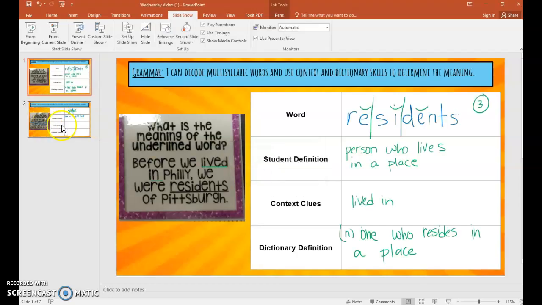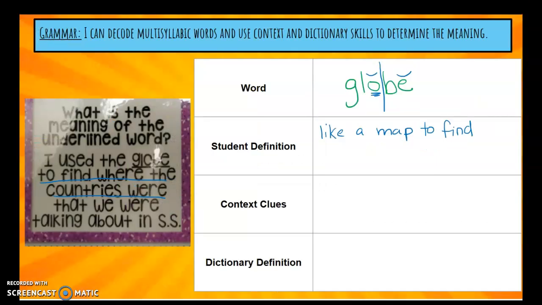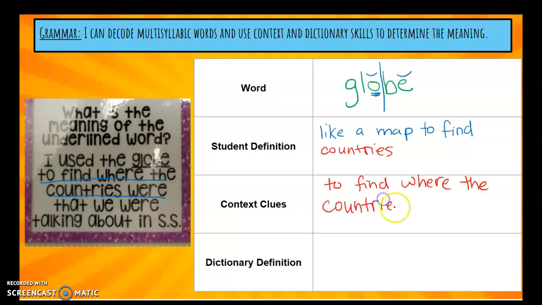I want to keep them. Hold on. There we go. To find, oh, and it changed my colors. Countries. All right, so it's kind of like a map to help you find countries. My context clues, I'm just going to, what I underlined, to find where the countries were.